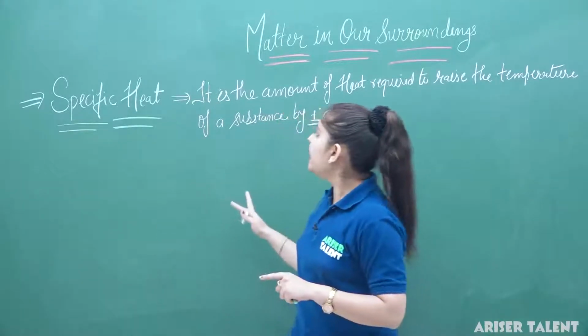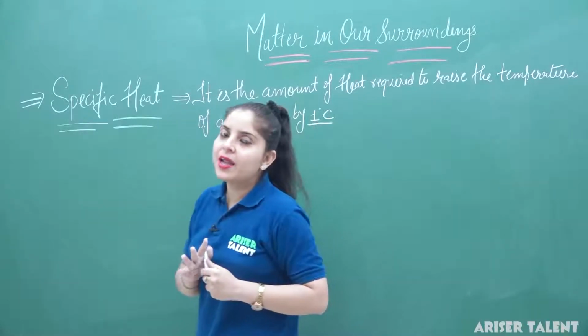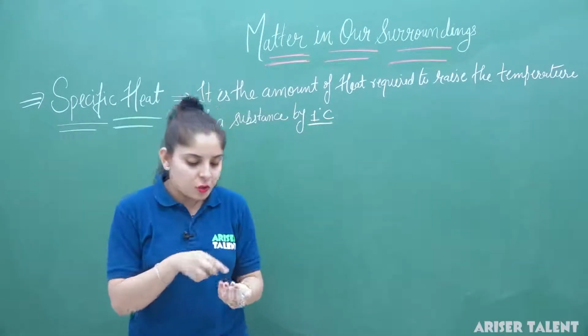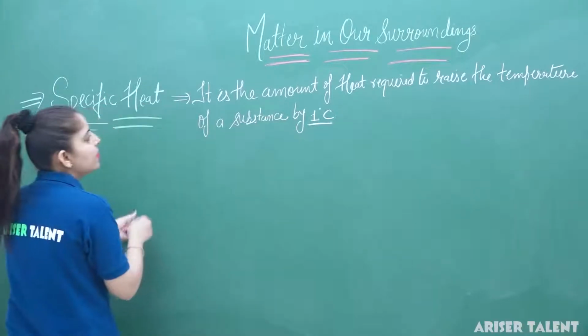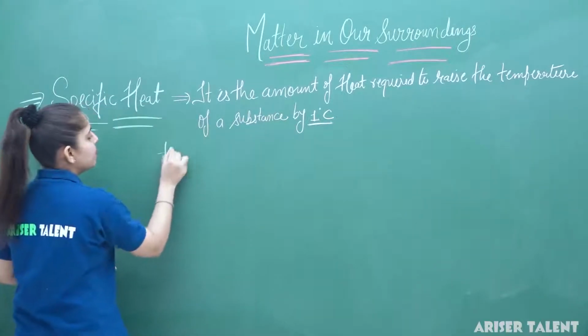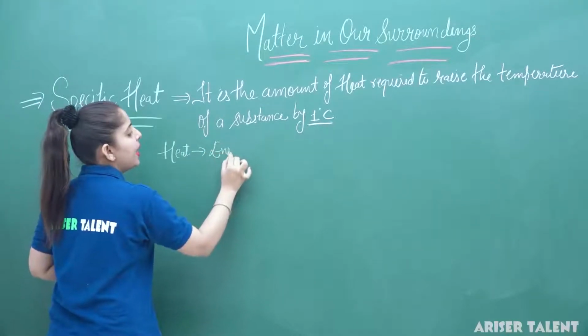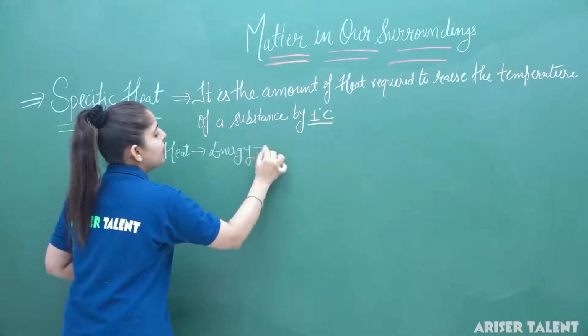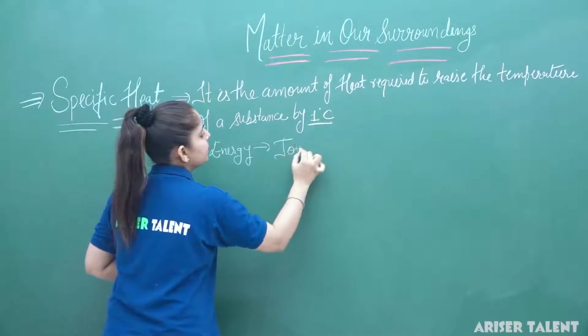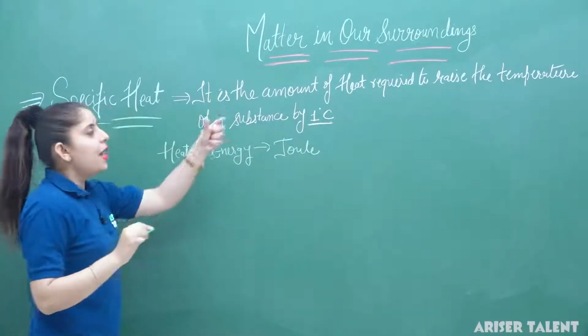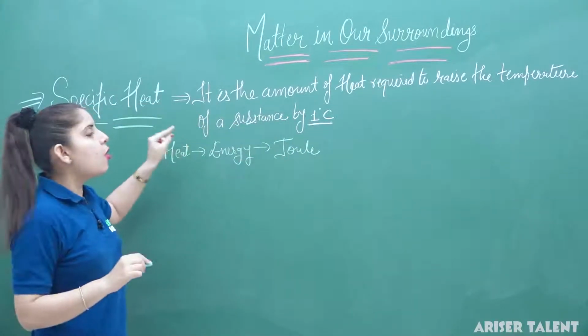Now you can see that heat is a form of energy and the unit for the energy is joule. So I can write here, it is the amount of heat, and heat is what? Heat is a form of energy we have, and the unit for energy will be joule. And we are raising the temperature of a substance.